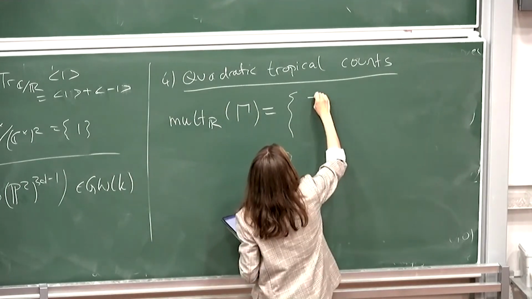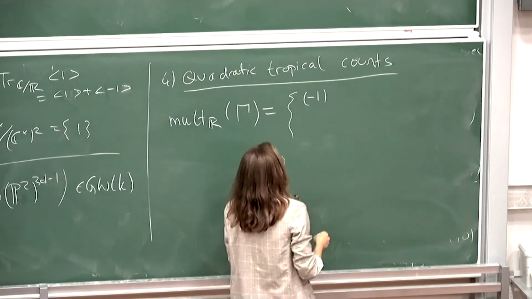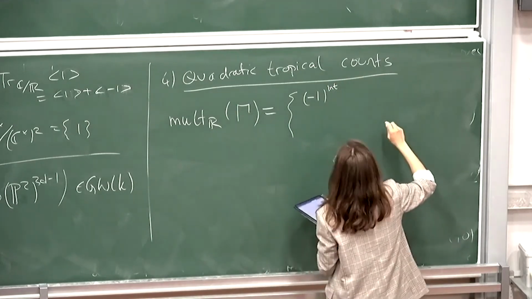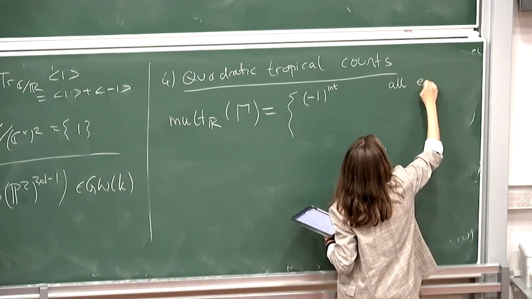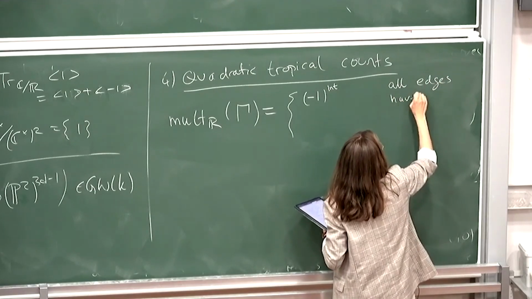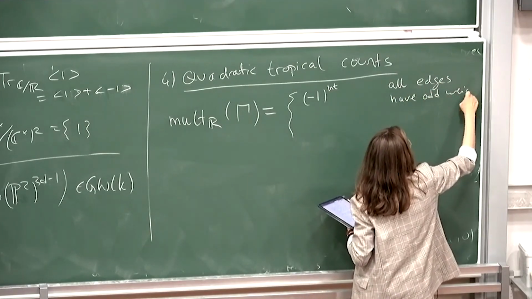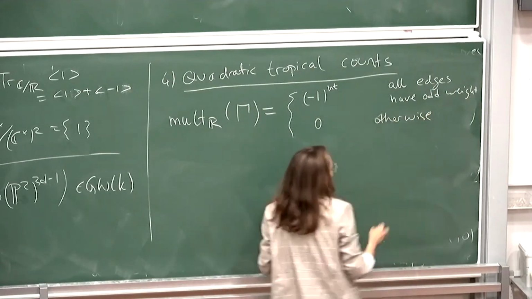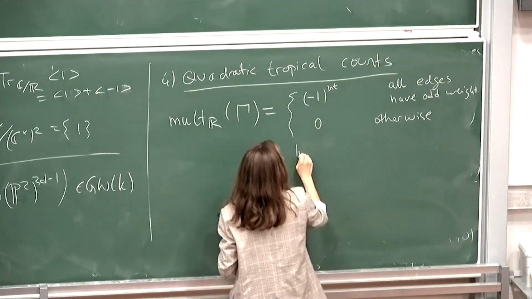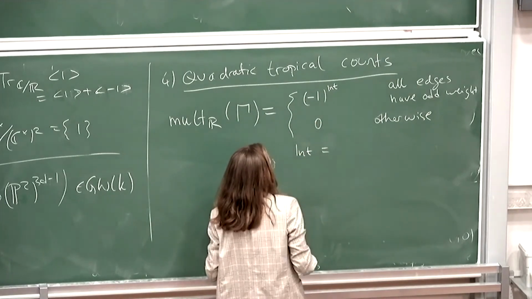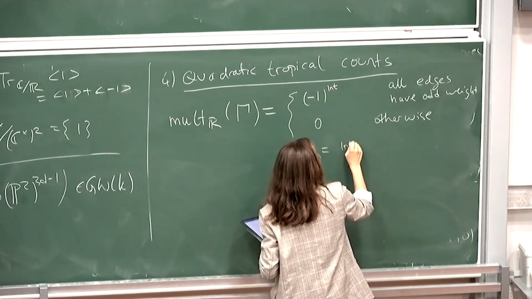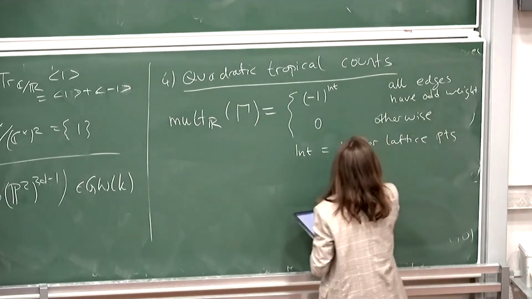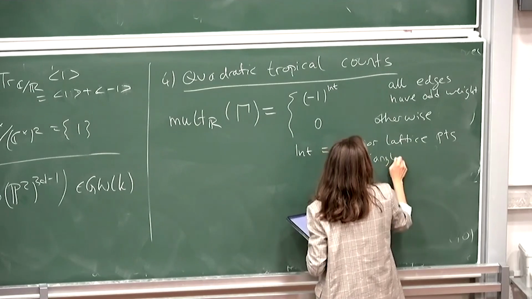Either this is (-1) to the number of interior points in the triangle, in case all edges have odd weights, or 0 otherwise. So what is this int? Int is short for interior lattice points in triangles of the dual subdivision.